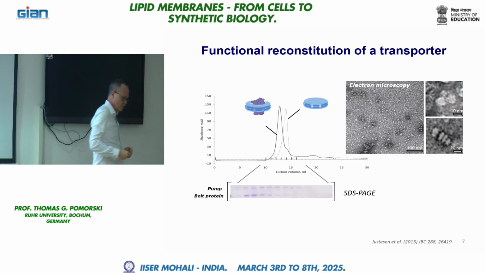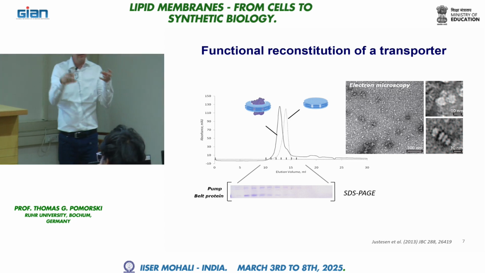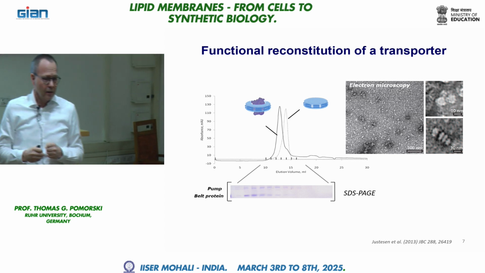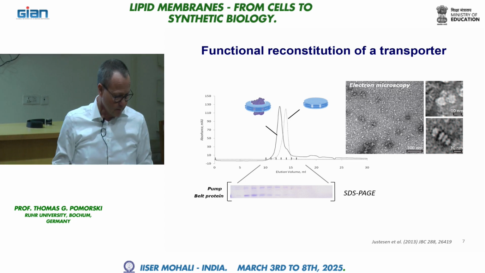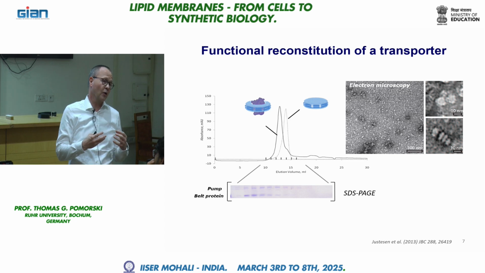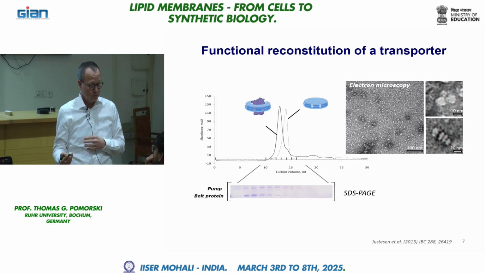That was actually a surprise for us, because it starts already to show that maybe even in our system, when you make these nanodiscs, they might come together. And that might be due to the protein, and that can be interesting on one hand, but it depends on the questions that you want to answer. It can also be disturbing.